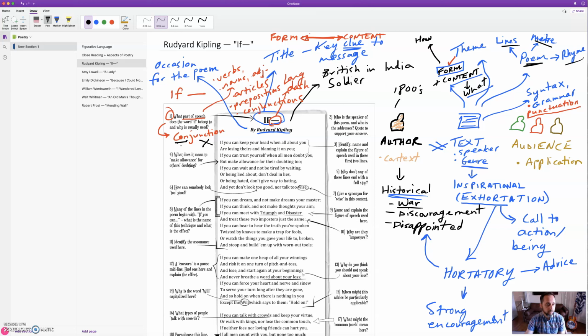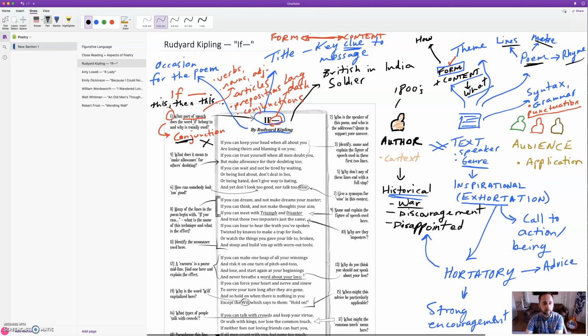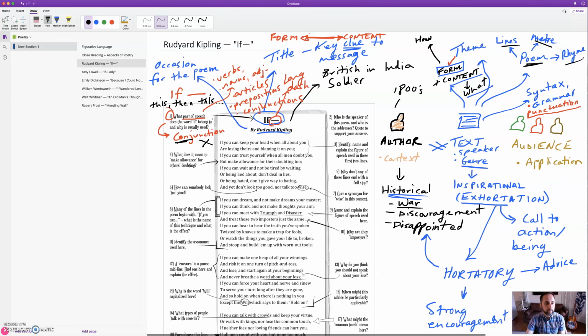Conjoin. Join together. Conjunction. So if usually goes if this, then this. So not only is it a conjunction, it's a conditional conjunction. Okay?